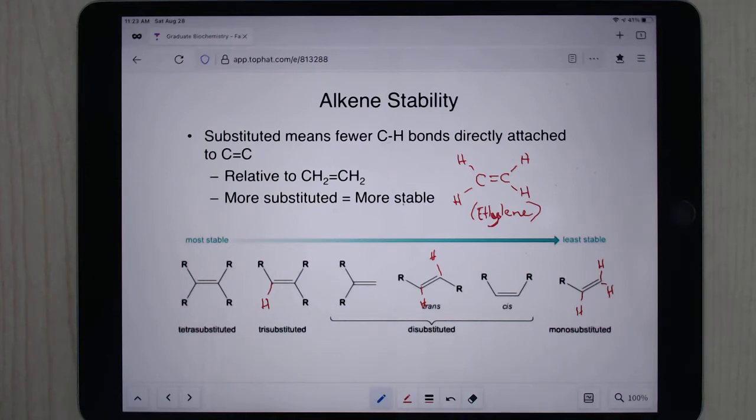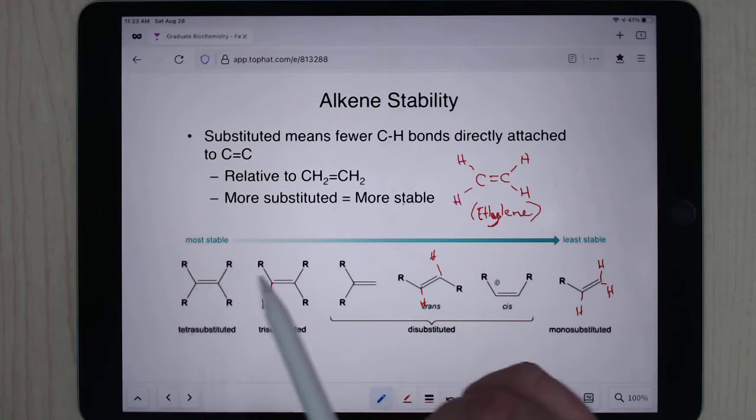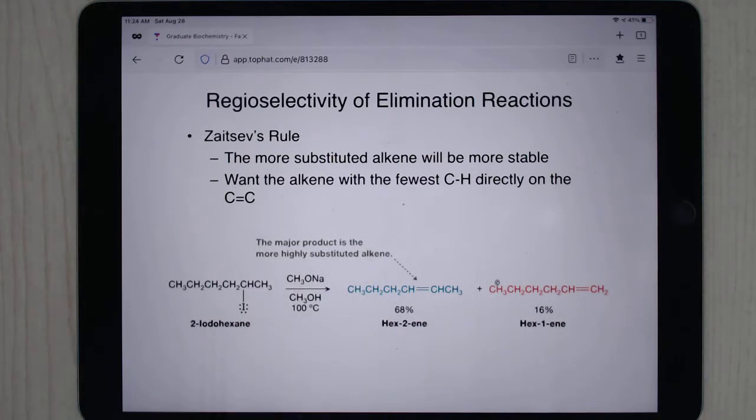The reason it's stabilizing is what's called hyperconjugation, which basically means that these carbon groups, where they have the R, can assist by providing some electron density. It's pretty subtle, but the main thing is, the more substitutions you have in the double bond, the more stable it is. The more stable, the more you're going to make it.